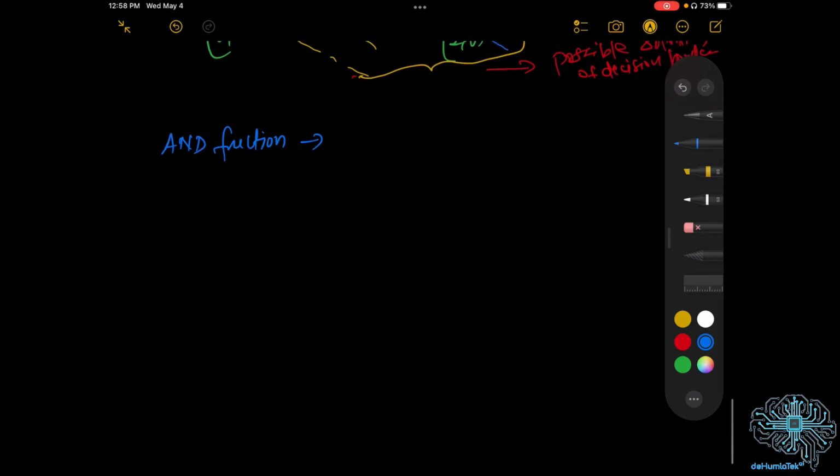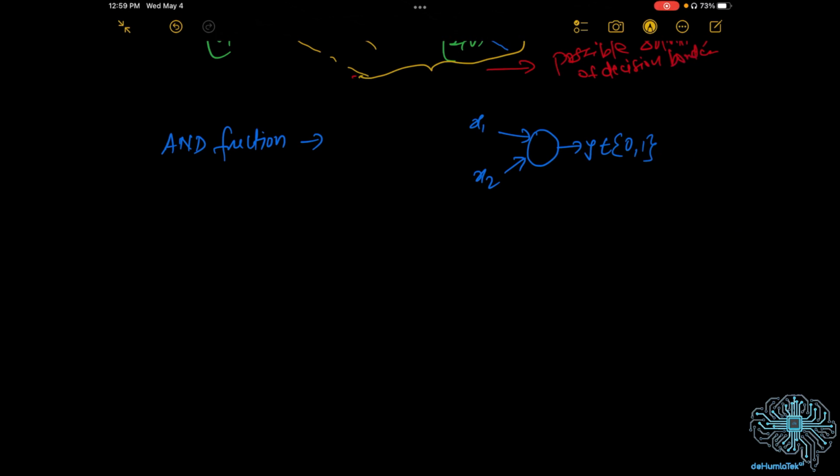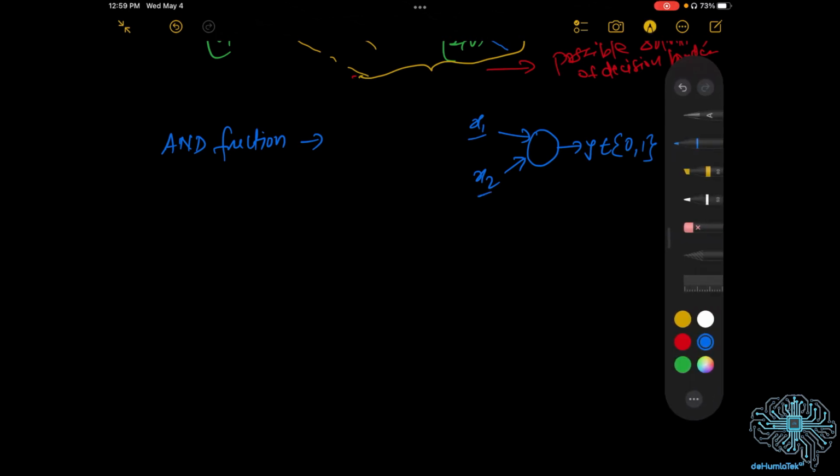So again, we'll assume the same perceptron with 2 inputs, and y will have a boolean value indicating whether this neuron will fire or not fire with different values of these x inputs.